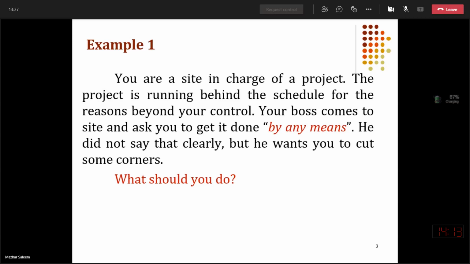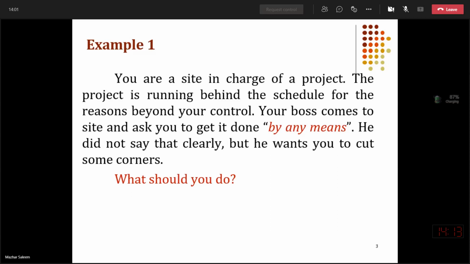So in this situation, whatever you do, if you do not listen to your boss, then you might lose your job. And again, you have responsibilities, you have dependents, you have bills to pay. So what should you do? Should you leave that job, or you should compromise on the quality of the work?